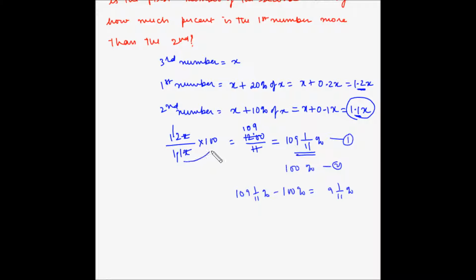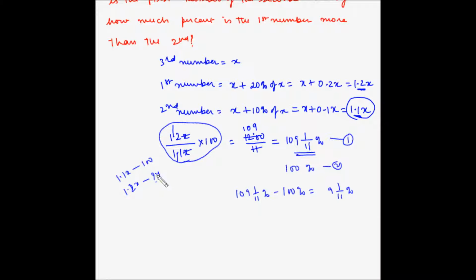I want to elaborate a little bit on this calculation that we did. So basically here we are saying that we have to find out how much percent is the first number of the second number. So when we try to find out the percent, we will convert the second number in terms of 100. So we'll say if 1.1x is 100, then how much is 1.2 times x?